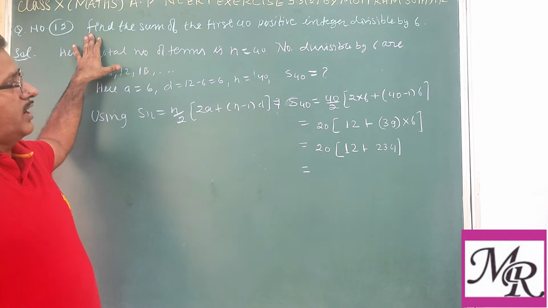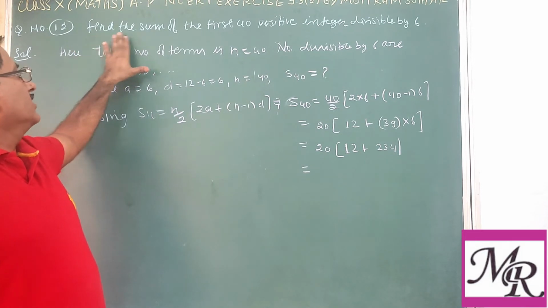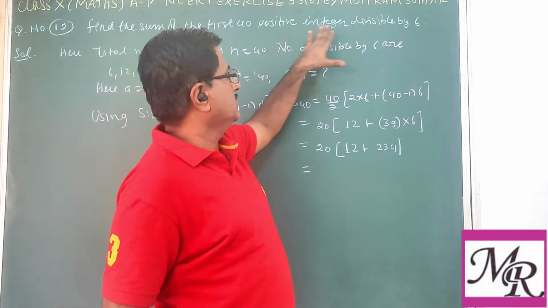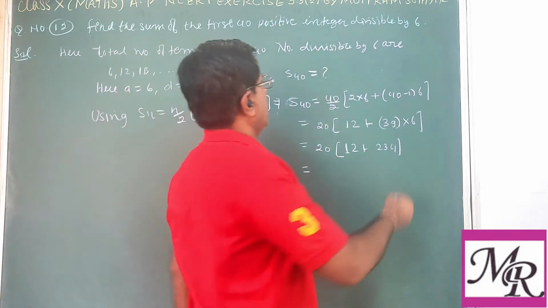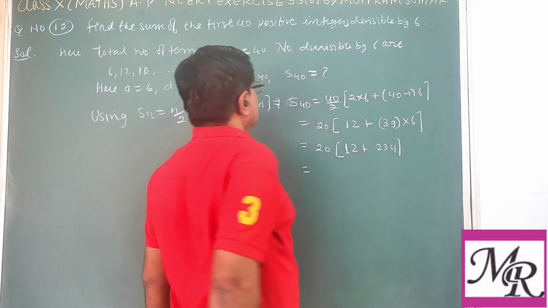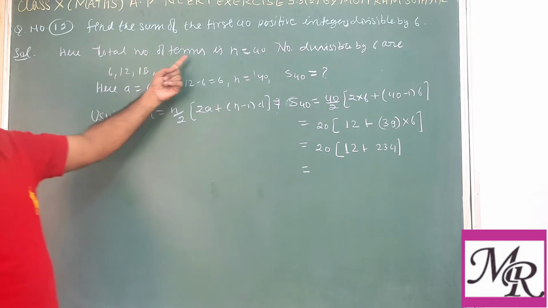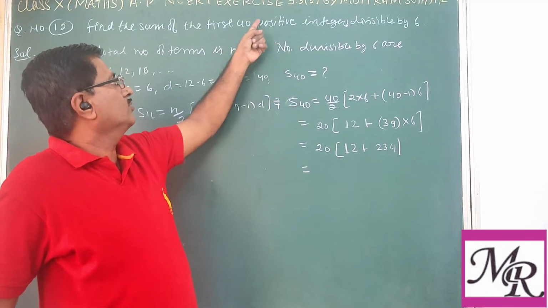So write down question 12. The problem says: find the sum of the first 40 positive integers that are divisible by 6. Here the total number of terms is n equal to 40.